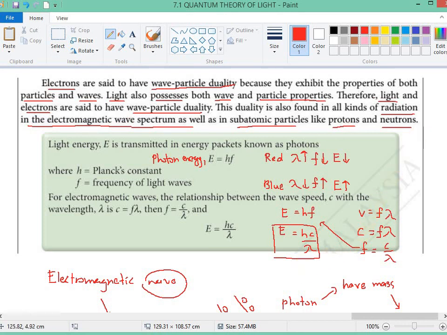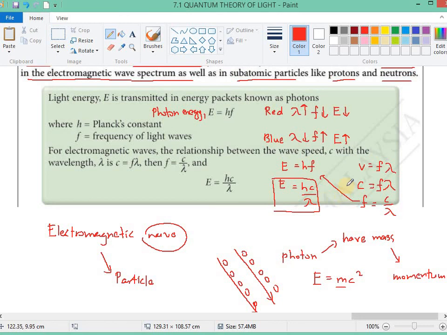But it's not so important, because as long as you know the wave equation, if the question gives you the wavelength and doesn't give you the frequency, you can put the wavelength in the wave equation and calculate the frequency, and then put the frequency inside this equation, and you can calculate the energy of the photon also.